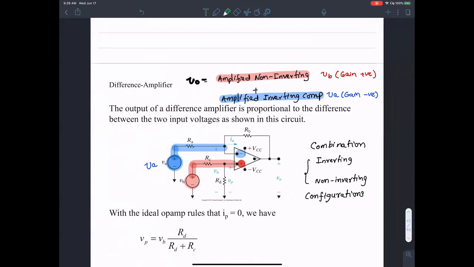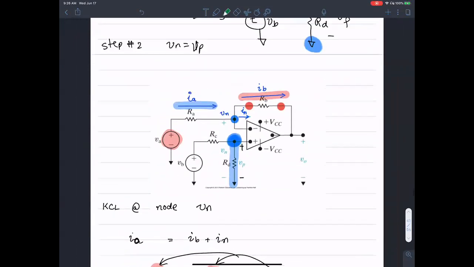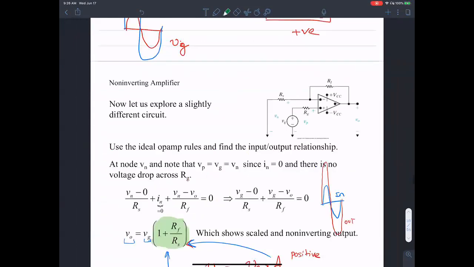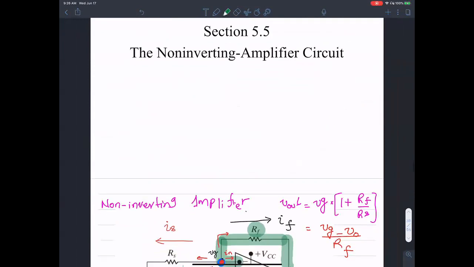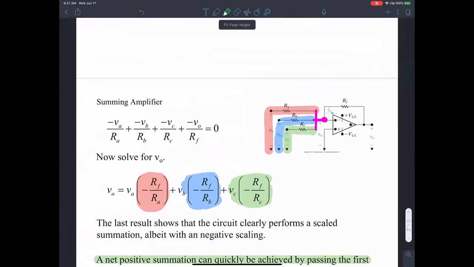So we kind of looked at all the configurations possible. What happens if I completely grounded the positive input terminal and applied a bunch of inputs on the negative terminal? We looked at that. In terms of the difference amplifier, I ground the positive terminal and apply more than one of the inputs.